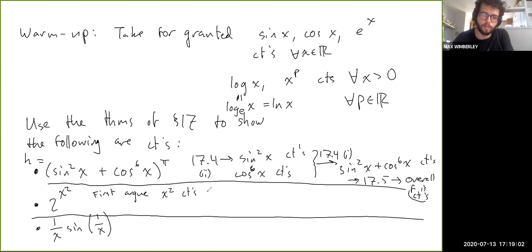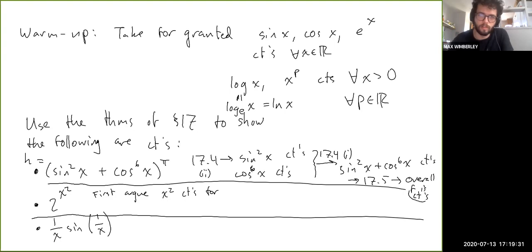That much is clear by, let's say, 17.4, because we don't want to restrict ourselves to x greater than 0.